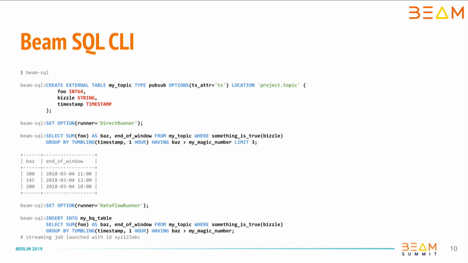And then, do we have an example of create table? Yeah, I think we do. If you're doing the pure SQL CLI, when you do create external table, when you define foo, bizzle, timestamp, and give them types, that's implicitly creating a Beam schema under the hood and associating that with your I/O.